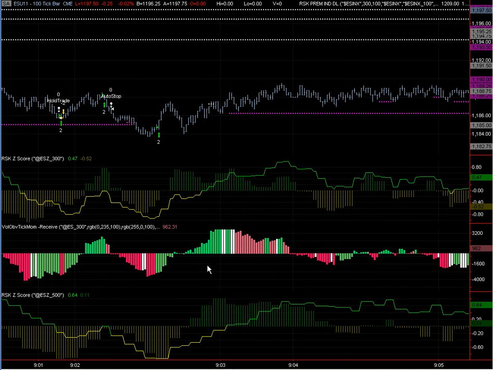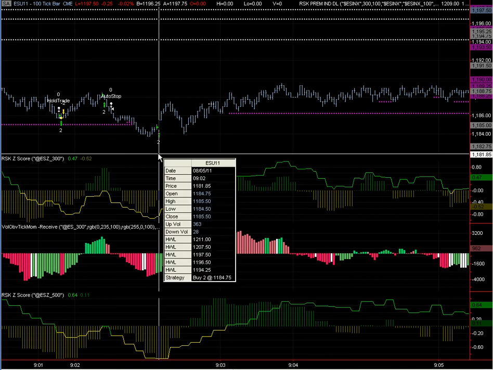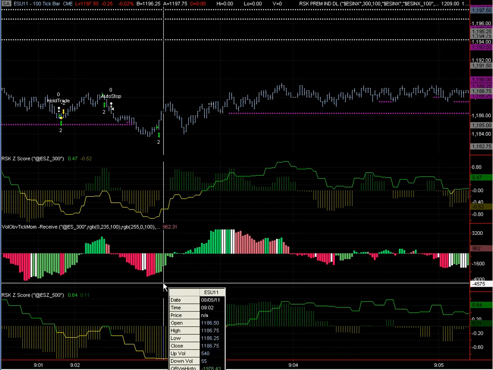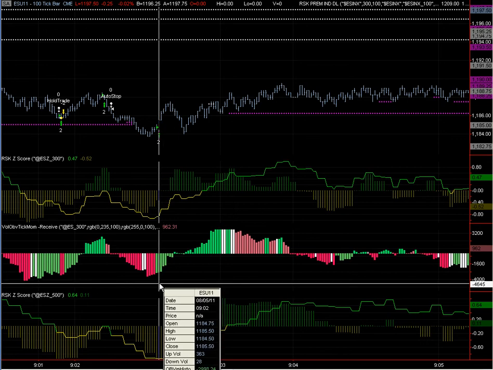So that's the auto stop feature. Very simple. As you can see, these first few trades don't make any money. They lose money. Then we get this long trade here. Now, the long trade is based upon these volume bars being green.